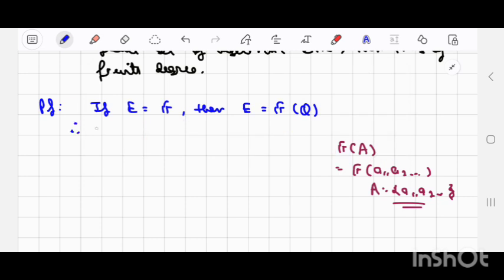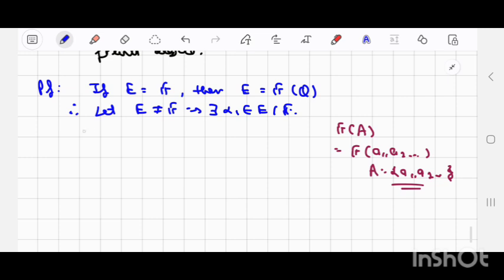Therefore, let E be not equal to F. Then this implies there exists some element alpha 1 which belongs to E minus F. Then if E is equal to F(alpha 1), we are done.